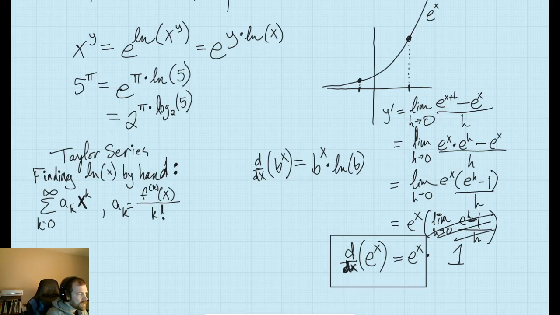What is the radius of convergence of the power series, Taylor, for natural log of x at x equals 1?